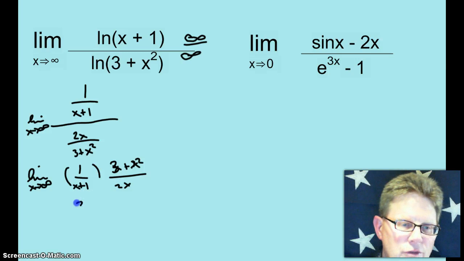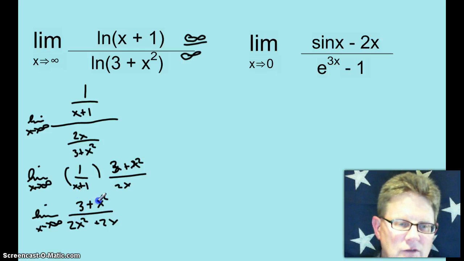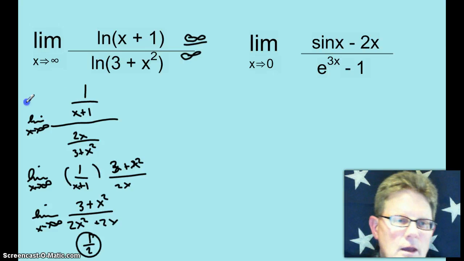So we've got 3 plus x squared over 2x squared plus 2x, the limit as x approaches infinity. My ears are buzzing because I see the horizontal asymptote. Final answer, 1/2.